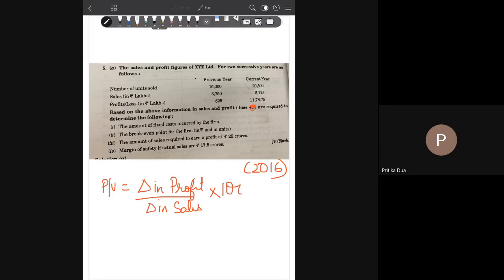So last question for the day. Everyone please solve. Take 2-3 minutes and then we'll discuss it.